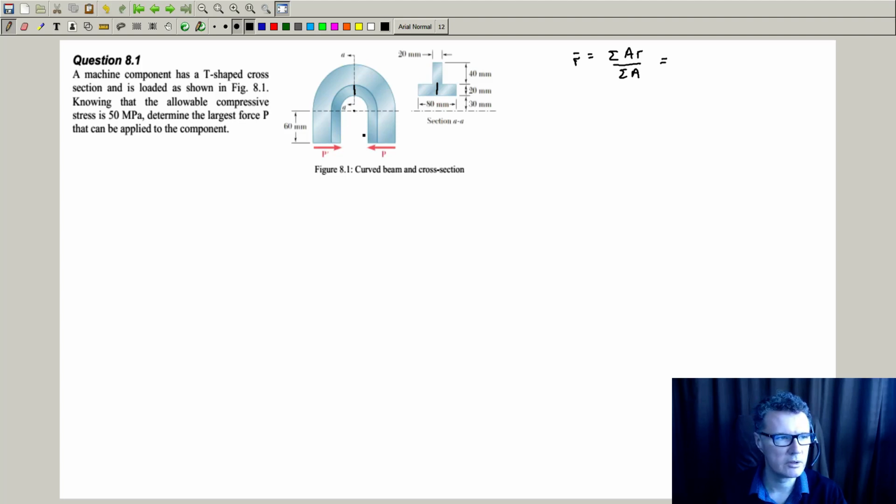What's my radius? Why is that not obvious what the radius is? Oh, because I should be looking at this diagram. Okay.